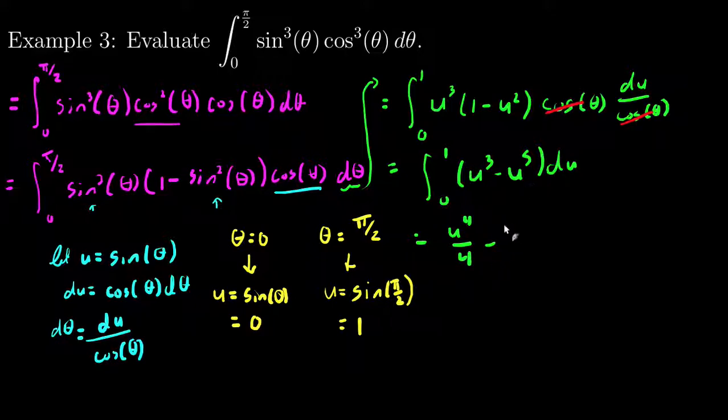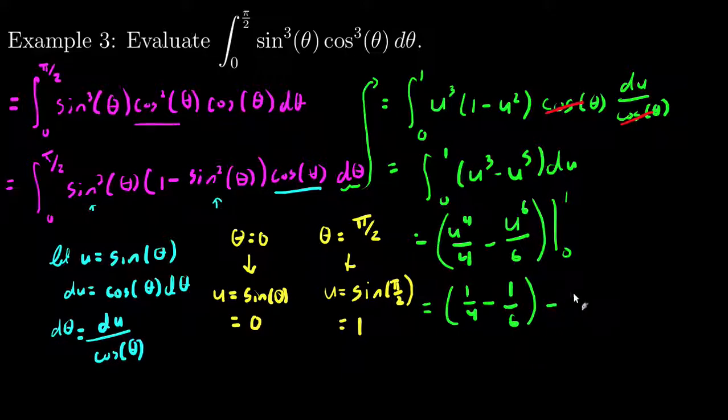The antiderivative of u to the 5th is u to the 6th over 6. I will evaluate this from 0 to 1. When I put in the 1, I get 1 to the 4th, which is 1 over 4. When I put in 1 here, I get 1 to the 6th, which is 1 over 6. And it should be obvious, but when I put in 0, I get 0 over 4 minus 0 over 6, which is 0.